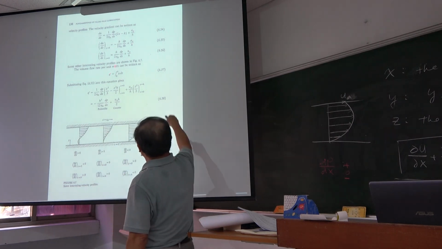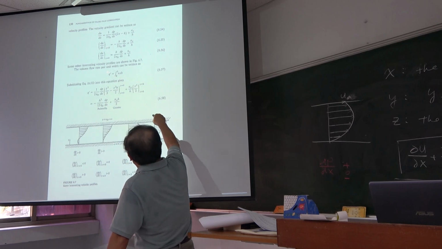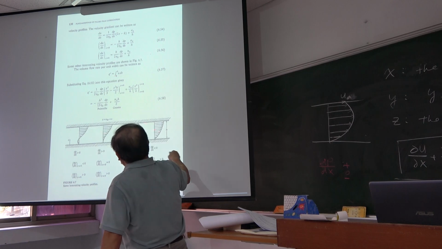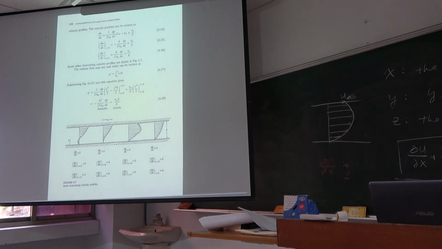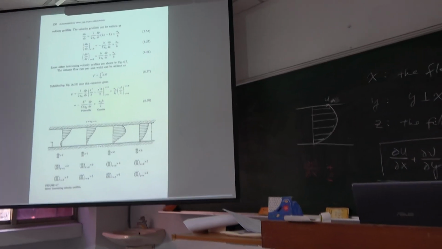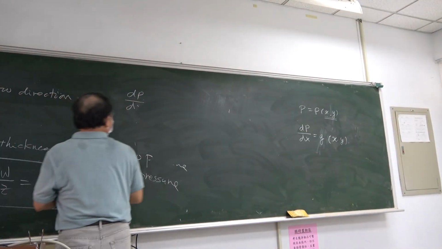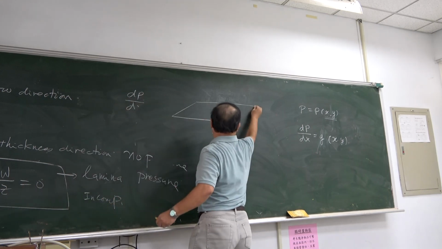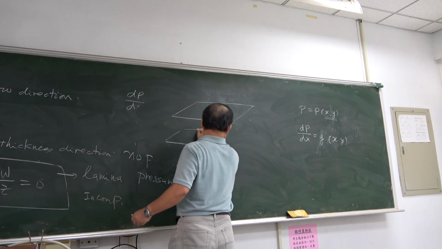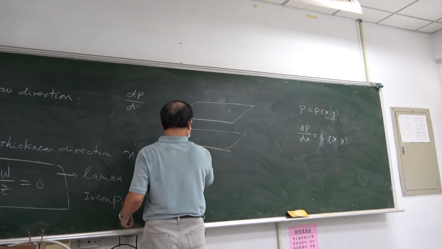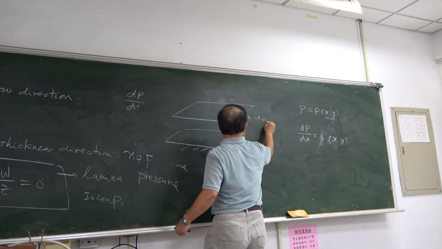So the shear strain rate in the lower one and in the upper one. Okay. And then we can evaluate the flow rate. This is a fixed plate, the upper one is moving at U_a, right?